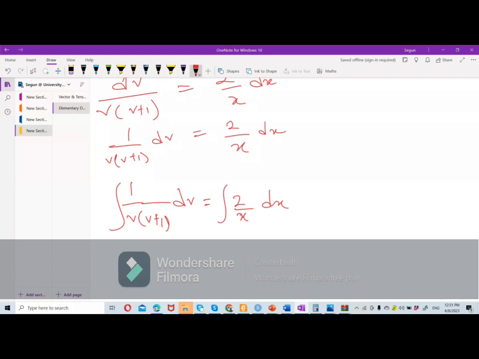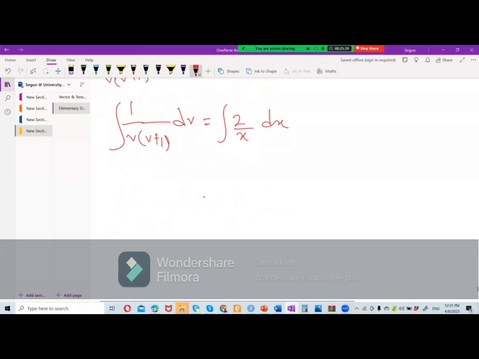So I can take 2 out. But to solve this problem, we have the left hand side and the right hand side. The left hand side, you need to resolve by using partial fraction to solve it.